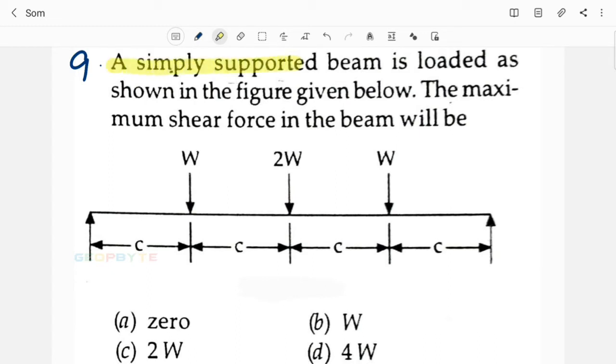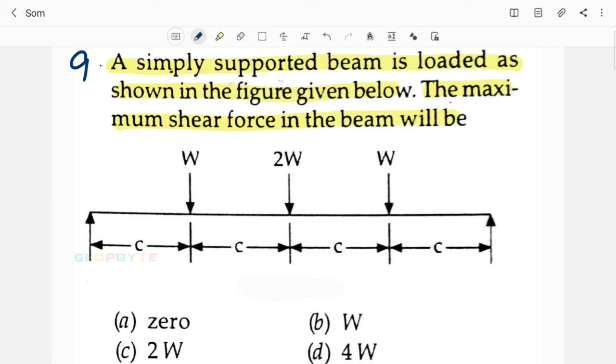A simply supported beam is loaded as shown in the figure below. The maximum shear force in the beam will be, you are asked to decide the maximum shear force. Already we concluded maximum shear force for the simply supported beam with several point loads will be developed at the reactions only, or at the supports only.